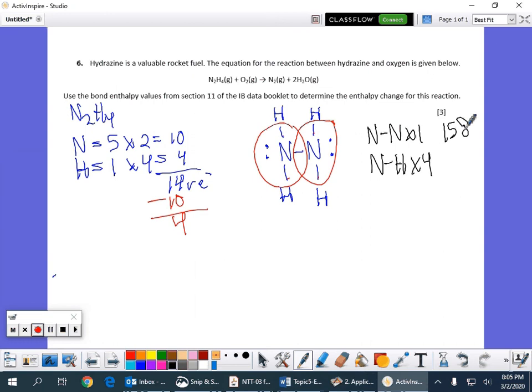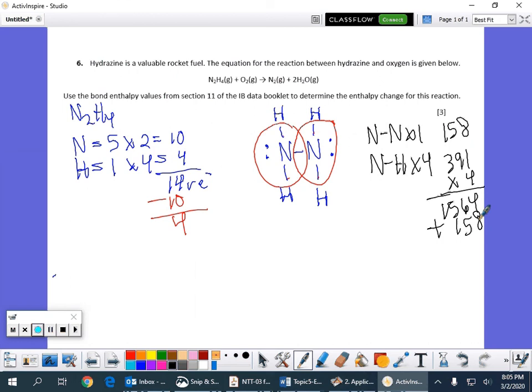Our nitrogen-hydrogen bonds are going to give us 391 times 4. Okay, and so that's going to give us 1564 plus our 158 for our nitrogen-nitrogen single bond.